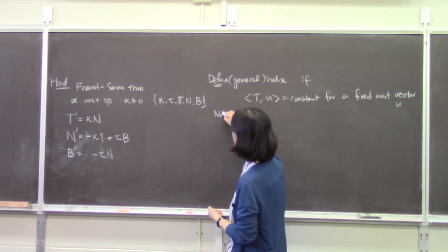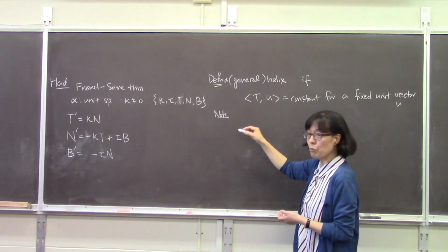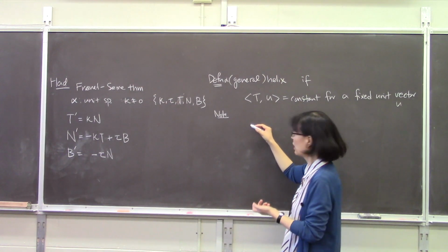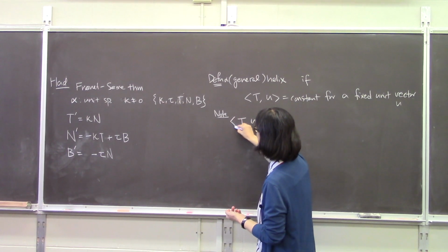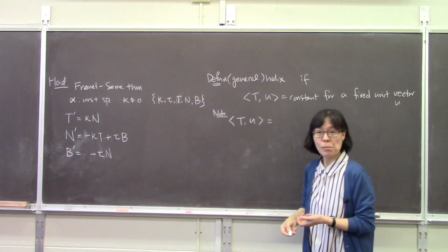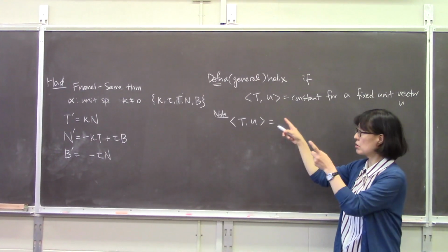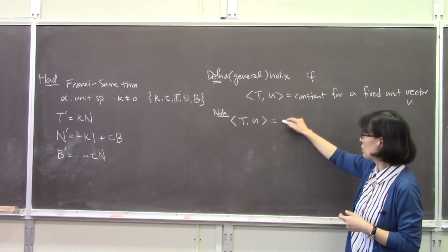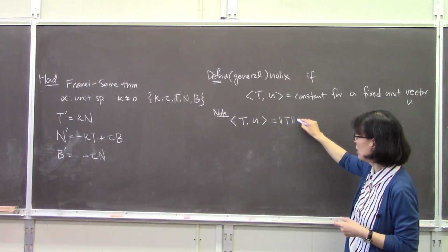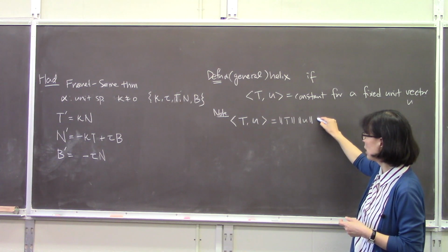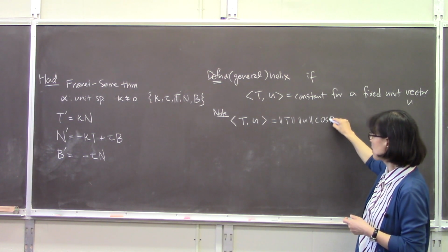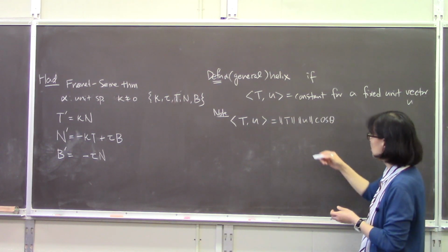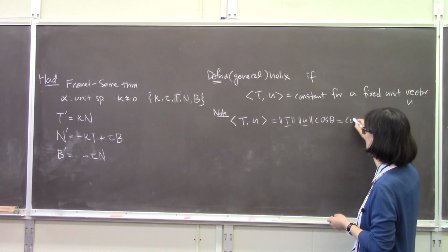And we had a note for that. If you remember the inner product, this is the length of T times the length of U times cosine theta, right? So these are unit vectors, so this is cosine theta.